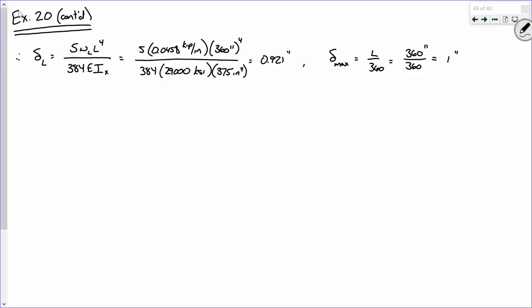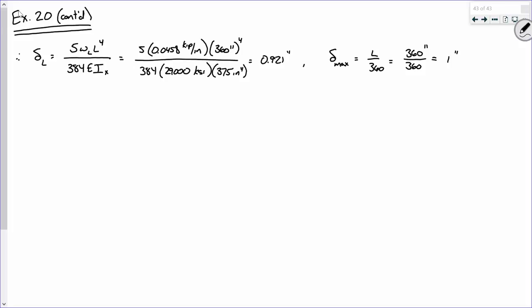Yeah, it probably was. I mean, what do we have? We had a moment of 165 and a capacity of 203. What's 165 divided by 203? So under bending, that's a performance ratio of 0.8 something. And what's it under deflection? It's like 0.92. So actually the deflection governed this beam.